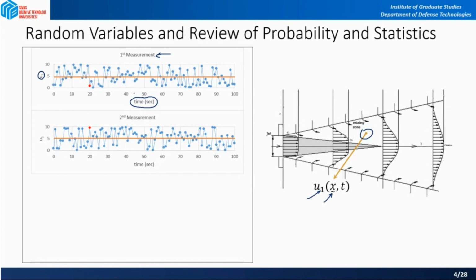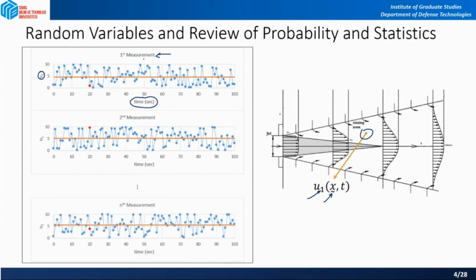So this second measurement is completely different than the first measurement. Let's say you keep repeating this for n number of times. So this is first measurement, this is second measurement, and this is the nth measurement. So every time you're getting a different variation of velocity.